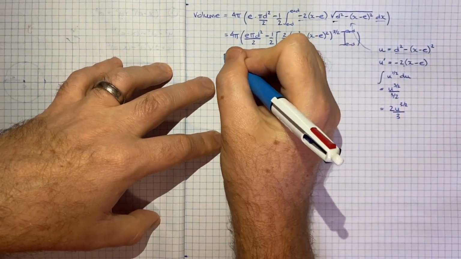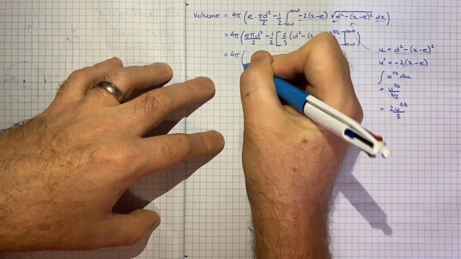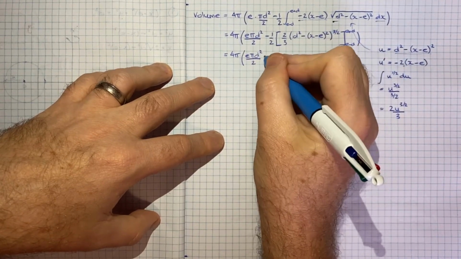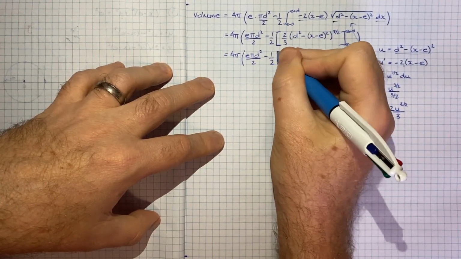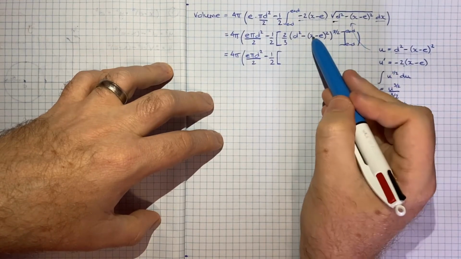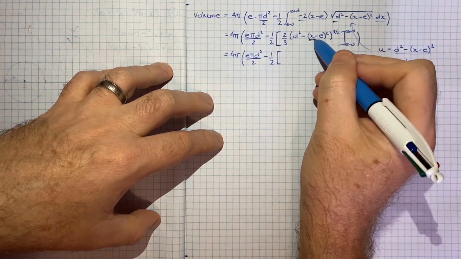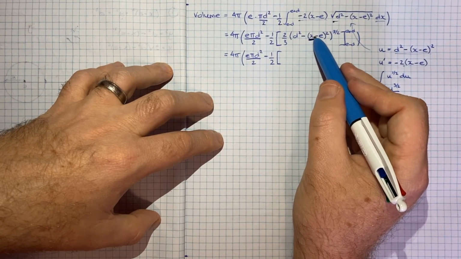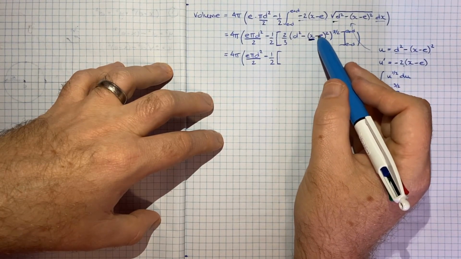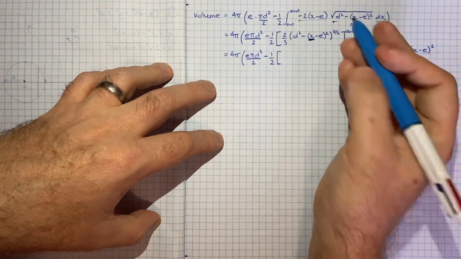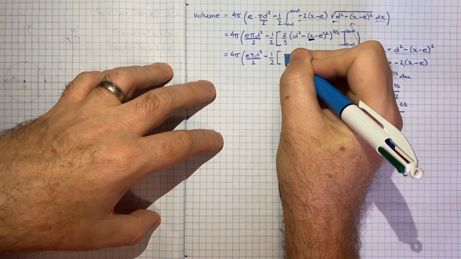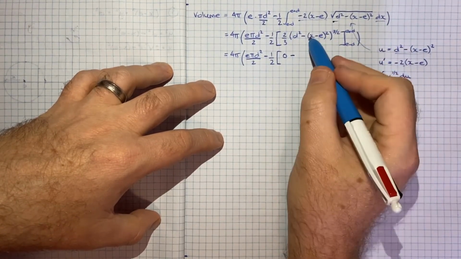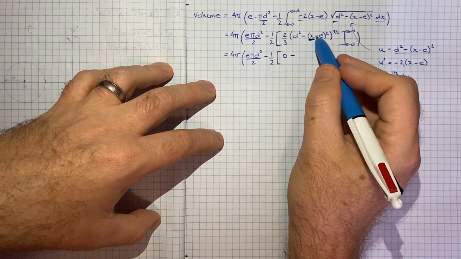Alright, so let's evaluate this. So we get 4 pi times e pi d squared on 2 minus a half times, now if I put e plus d in here for x, that would be d squared minus, e plus d minus e would be d, squared. So we get d squared minus d squared is nothing. So we'll get nothing minus, and if I put e minus d in here, we'll get e minus d minus e, or minus d.